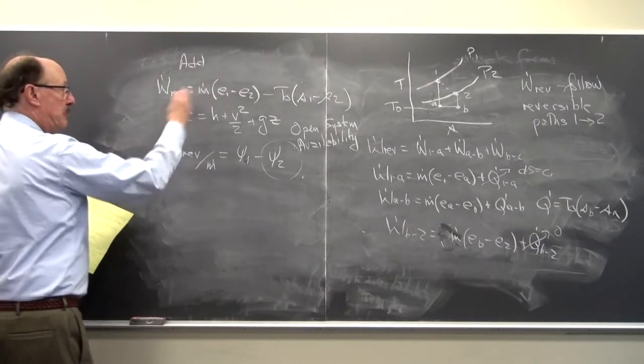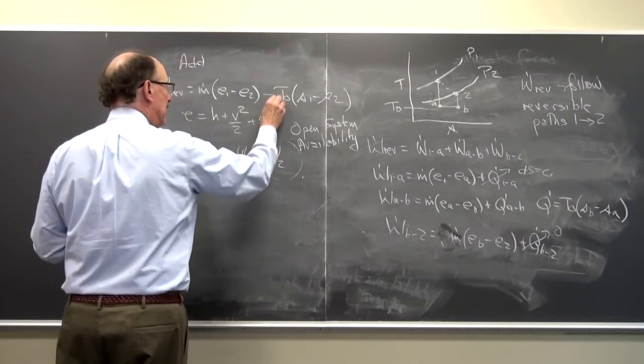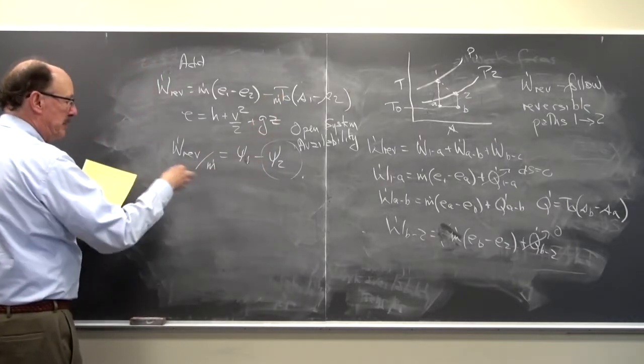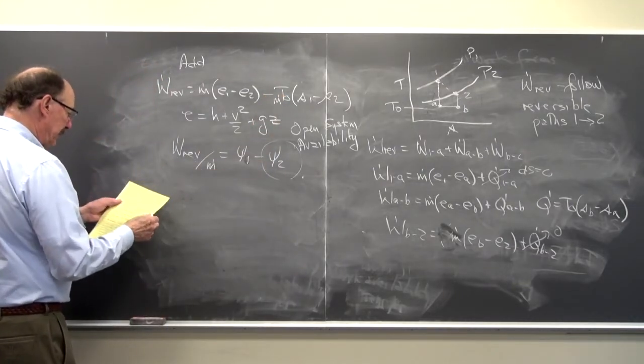If I divide through by m dot, we're going to have the following equation.